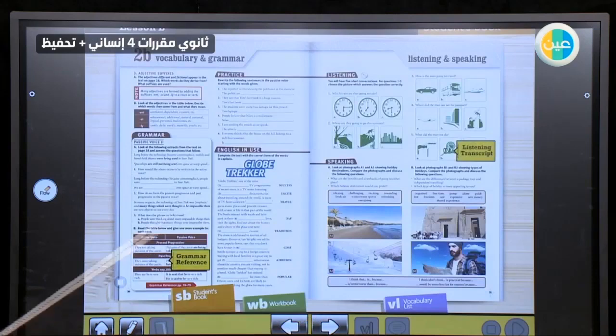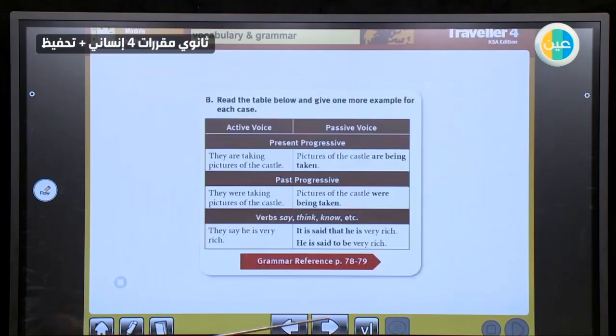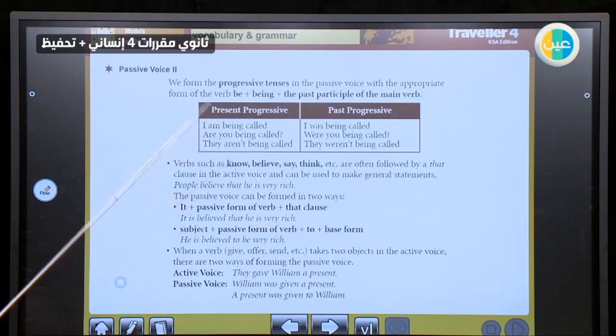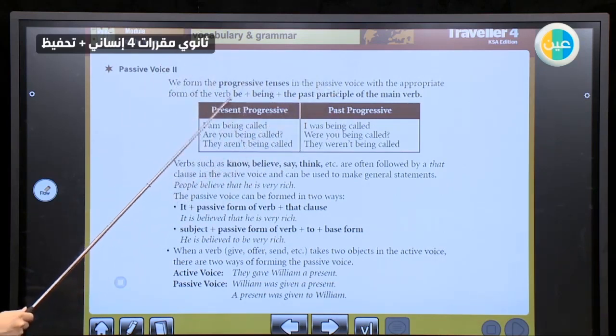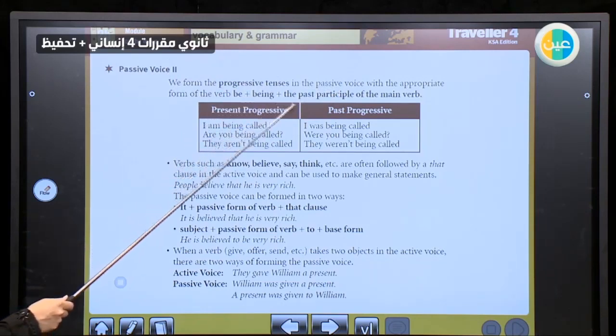Let's move to the passive voice 2. We have revised passive voice 1 and this is passive voice 2. Look here, let's go to the grammar reference, page 78, 79. We have the present progressive and past progressive in passive voice 2. Progressive tenses in the passive voice consist of be plus being plus the past participle of the main verb.